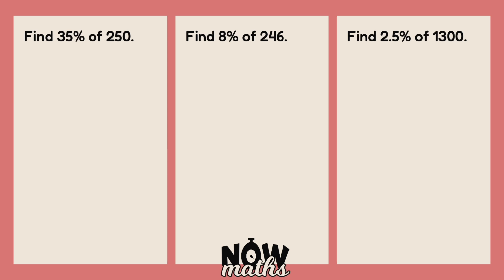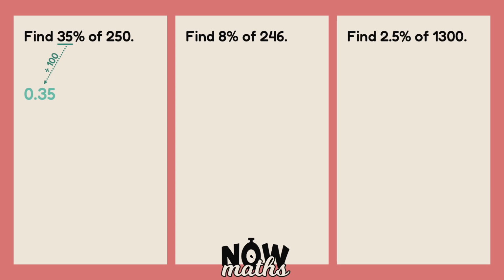To find a decimal multiplier, we need to turn the percentage in the question into a decimal. To turn a percentage into a decimal, we divide by 100. If you need more help with this, please check out our video on this linked in the info card now. Looking at the first question, 35% as a decimal is 0.35 because that's 35 divided by 100.